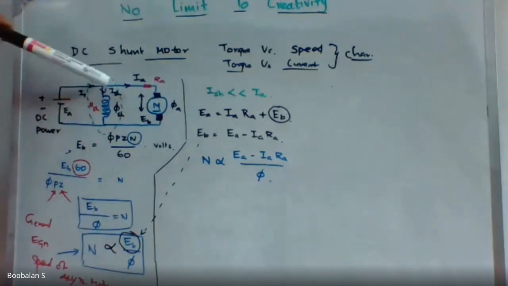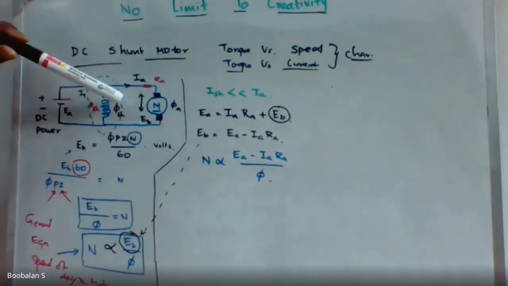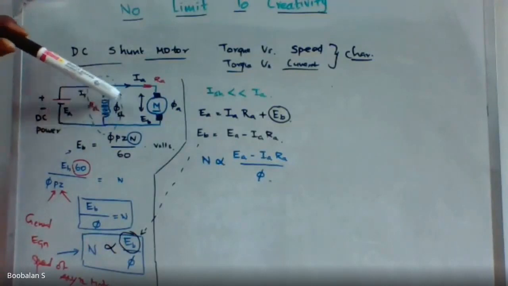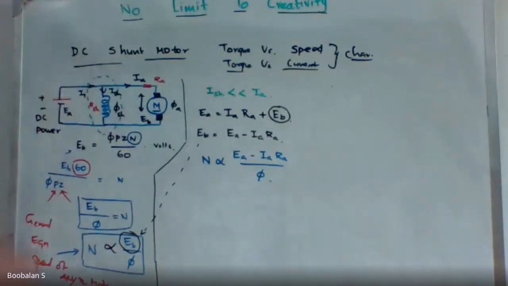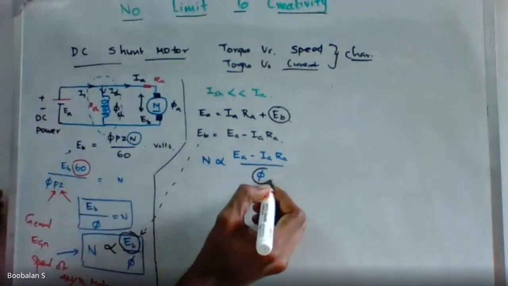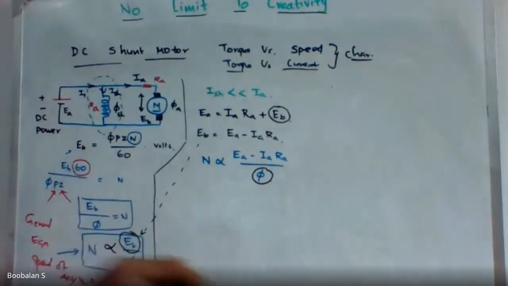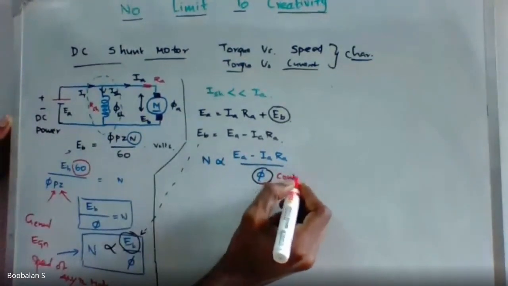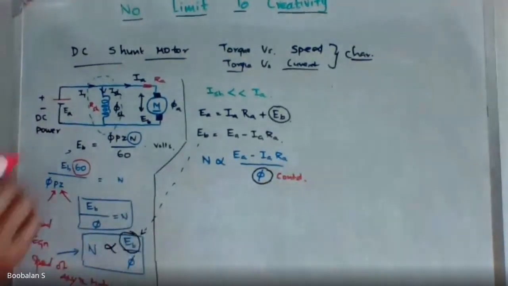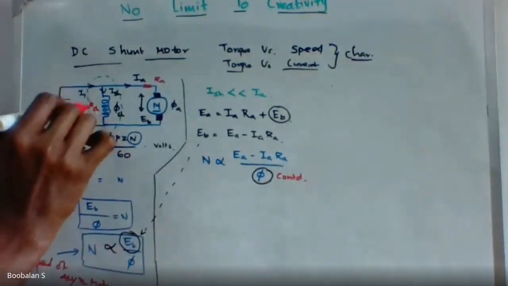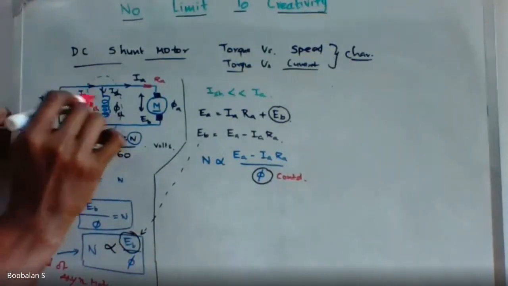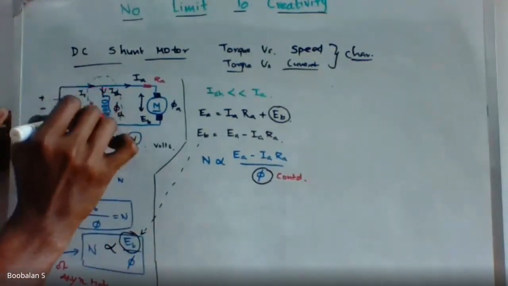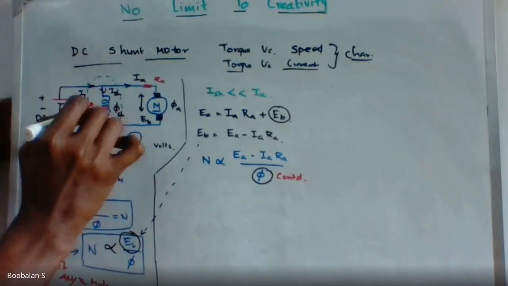ISH current is constant, so the inducing flux is also constant. So phi is constant in this DC shunt motor because ISH is constant, right? The resistance does not change further, so the current flowing here is also constant, and the inducing flux line is also constant.